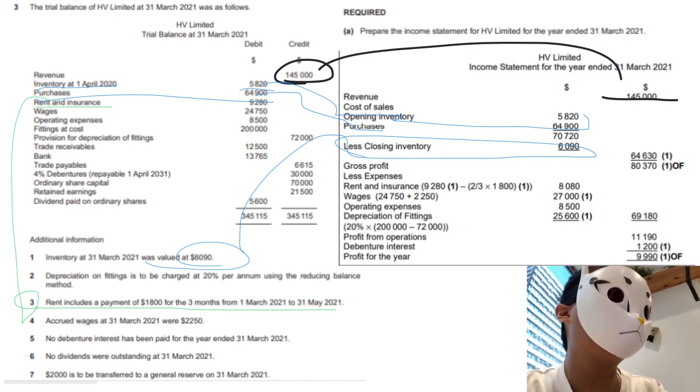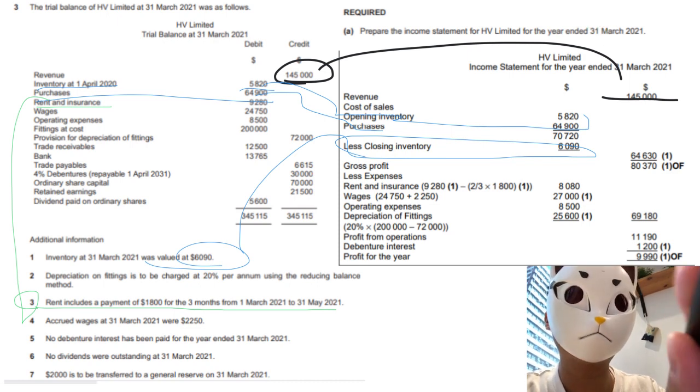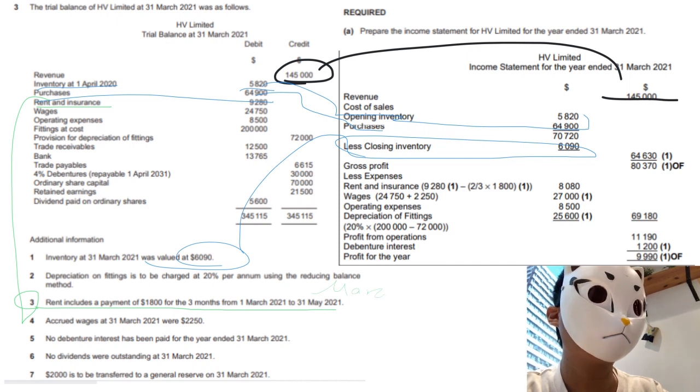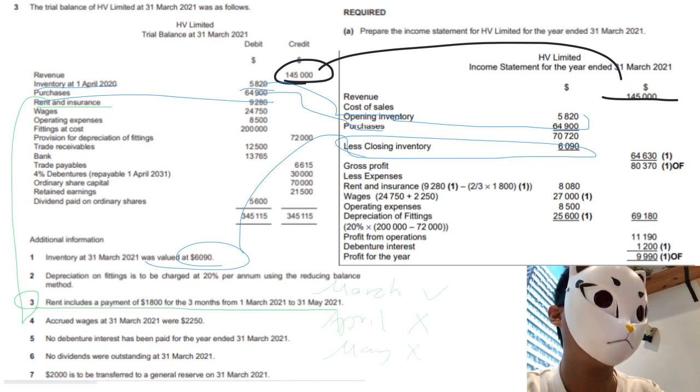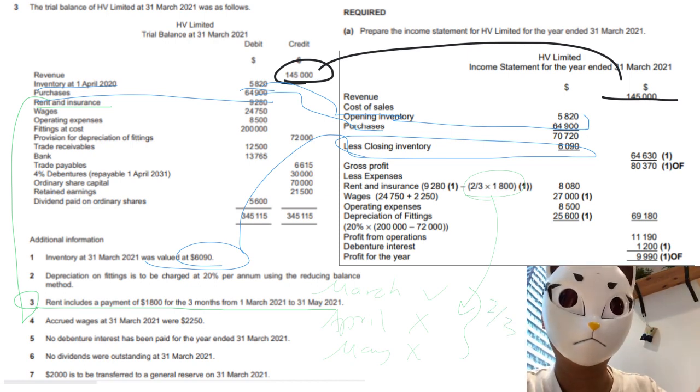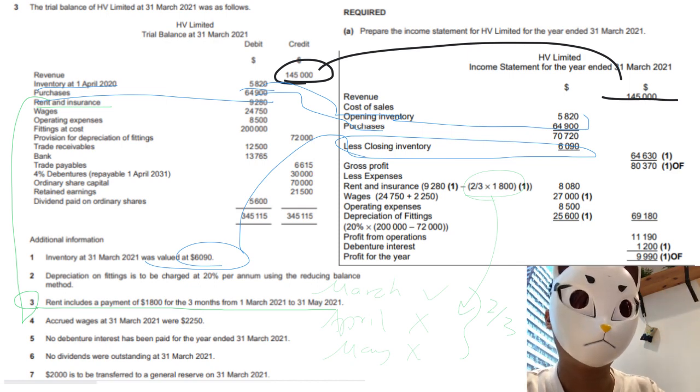As you can see, the income statement is prepared for the end of March, so you have to count. March should be included. April is a prepayment. May is a prepayment. So we have to deduct 2/3, because 2/3 is a prepayment. So this is the adjustment you have to make.